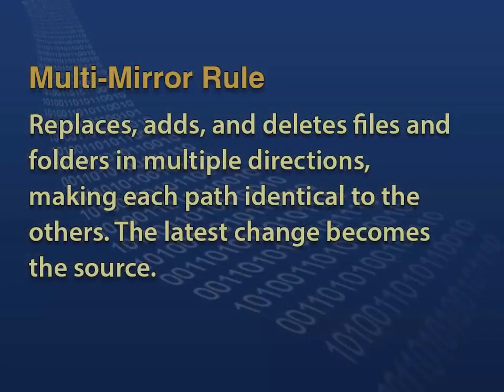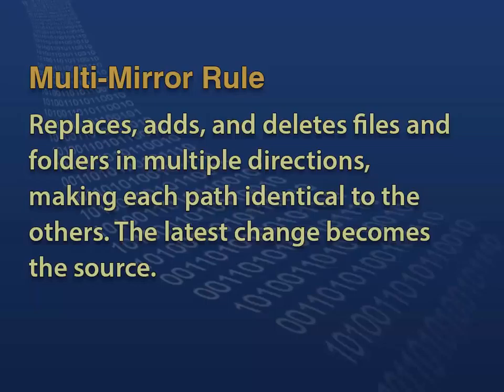A multi-mirror rule is a multi-way relationship between folders. It's going to try and make all of the folders identical regardless of where the changes occur. So this means that you can add, replace, or delete files on any of the root folders, and that change will be automatically reflected to the other folders. A crucial aspect of using a multi-mirror rule is determining where the latest changes occurred.